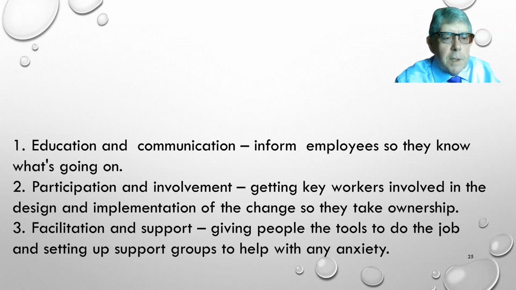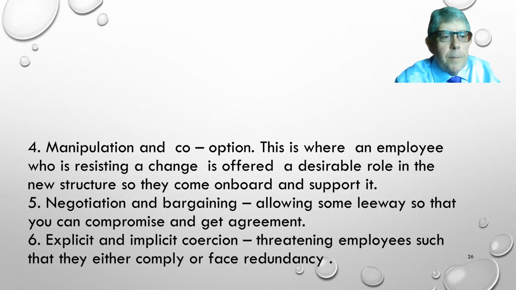Number 3, facilitation and support, giving people the tools to do the job and setting up support groups to help with any anxiety. Number 4, manipulation and co-option. This is where an employee who is resisting a change is offered a desirable role in the new structure, so they come on board and support it.